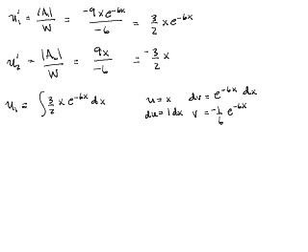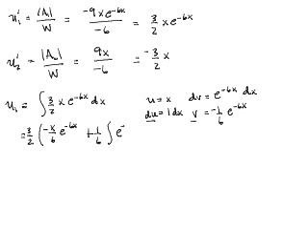Okay. And so then I know that this integral here, I can pull out the 3/2, and then I know is minus 3/2 times uv, which is minus x over 6 e to the minus 6x minus the integral of du v. And so that's just going to be minus 1/6, so that'll change that to a plus.